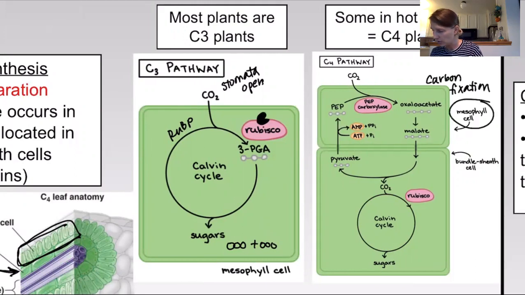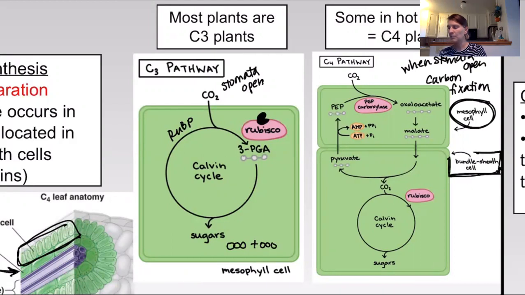Carbon fixation occurs in the mesophyll cell when stomata open, and then they transfer that to a different location, which are the bundle sheath cells, right? And these bundle sheath cells then can do the Calvin cycle in a separate location, right?